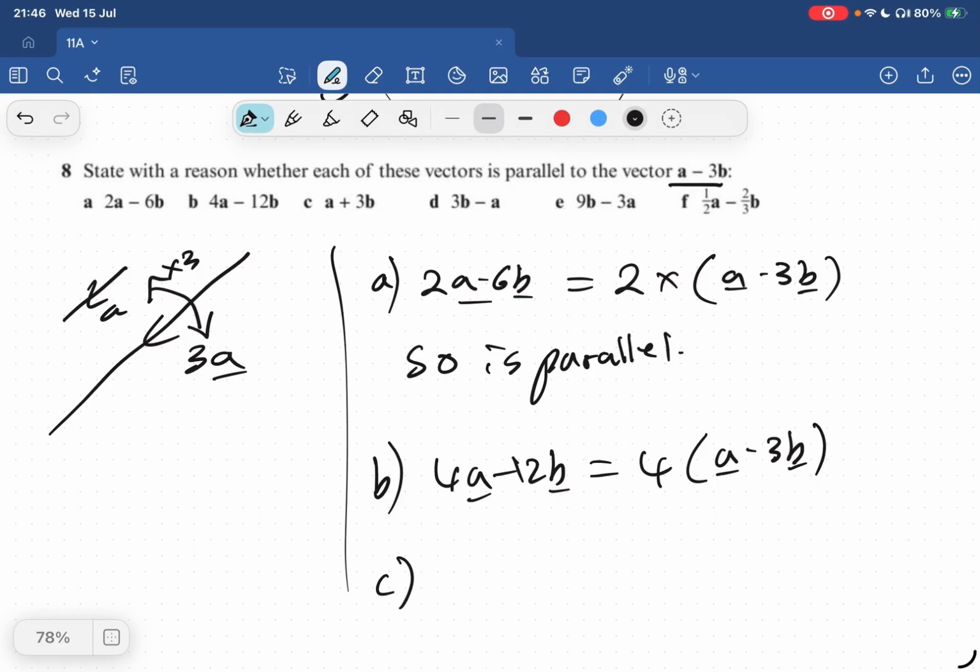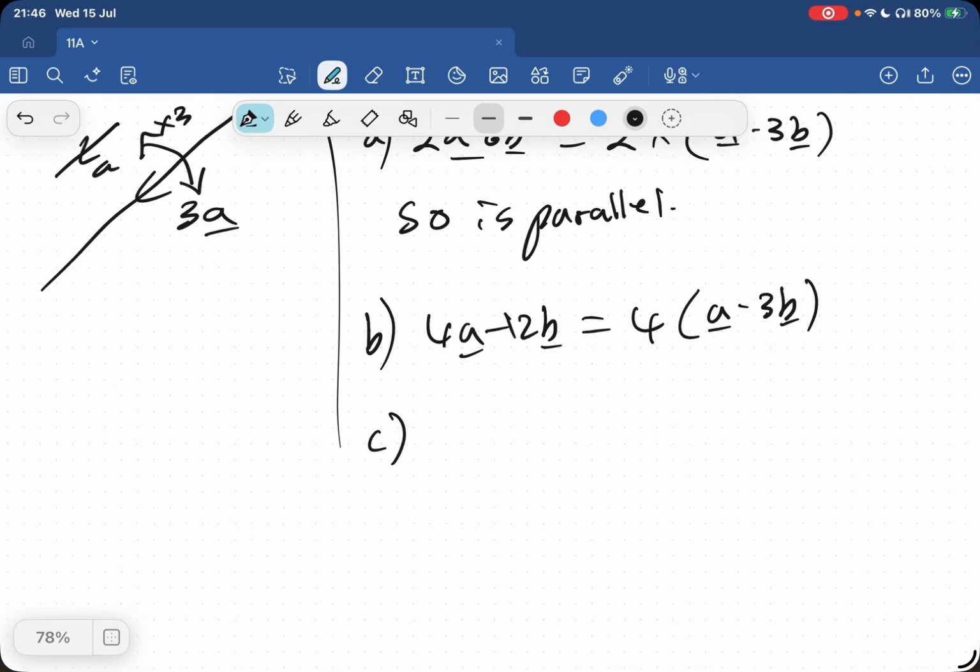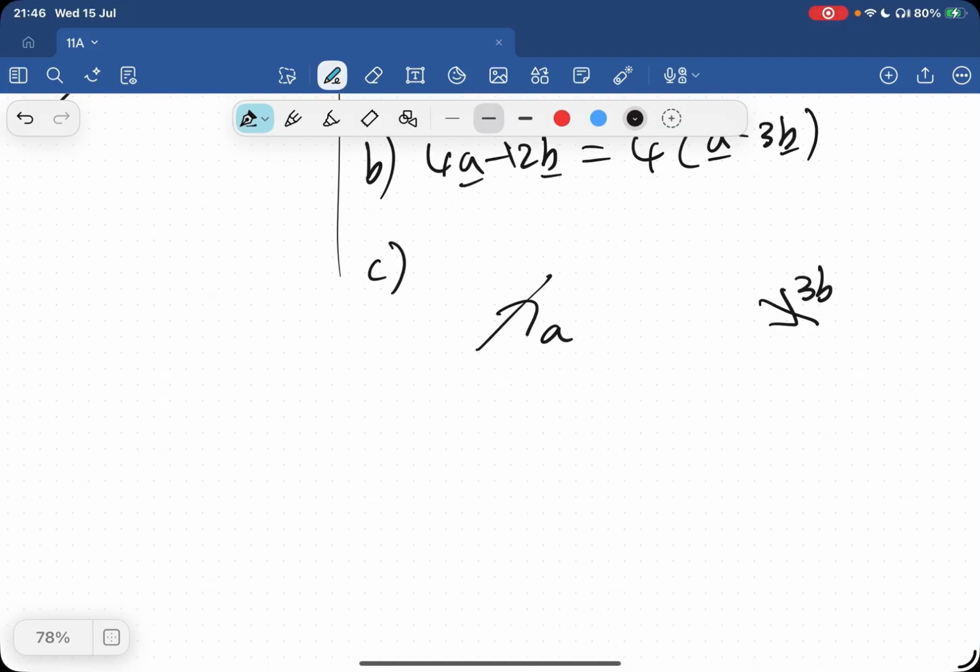Now you've got to have a little think with something like this. Say we had A going this way and 3b being something like this. Well, this is A plus 3b.